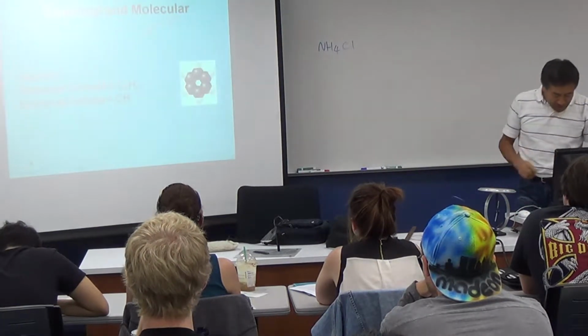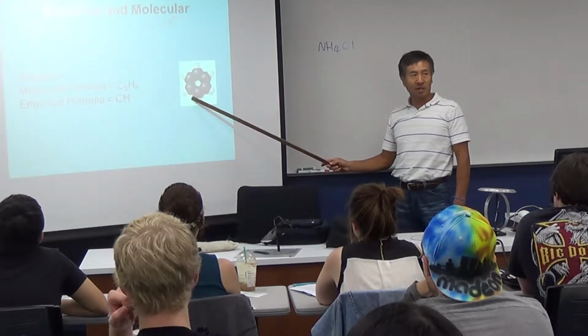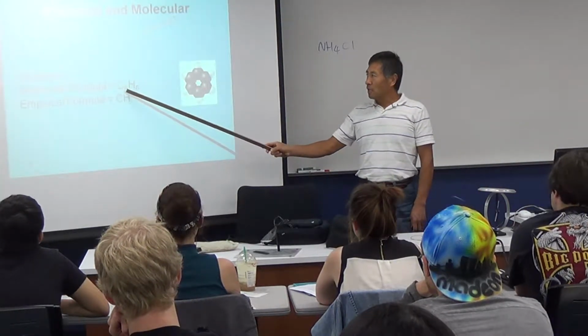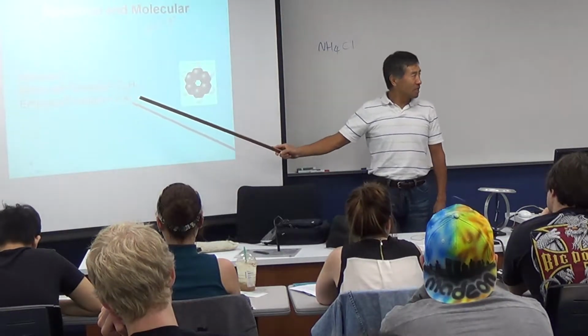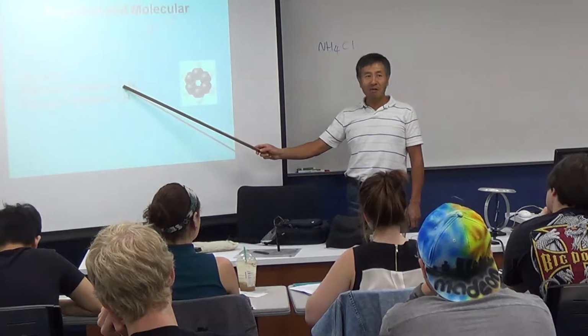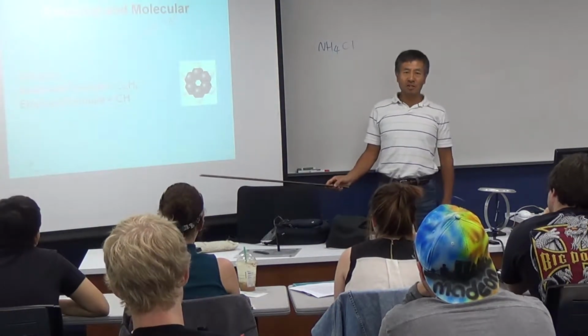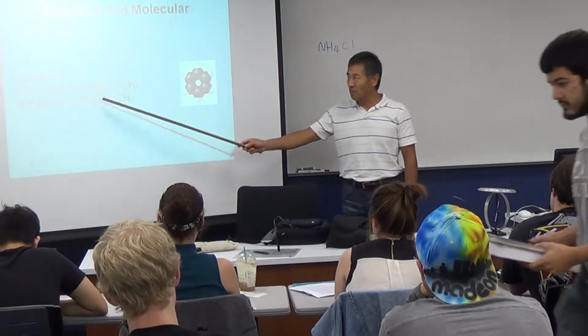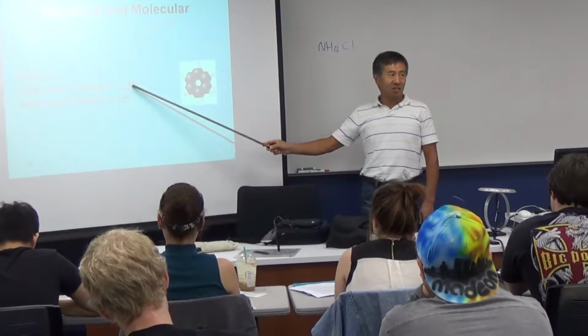Now the next example is benzene. Benzene is a typical organic compound with 2 types of element again, carbon and hydrogen. Here again, we compare the molecular formula and the empirical formula. The molecular formula is C6H6.